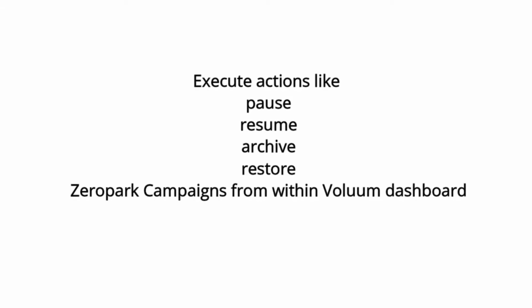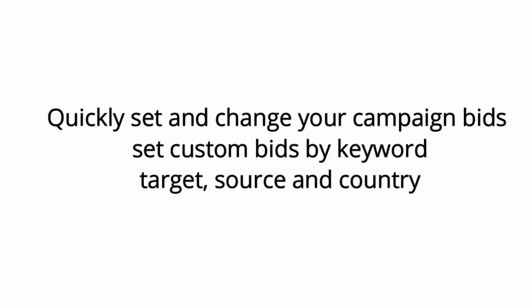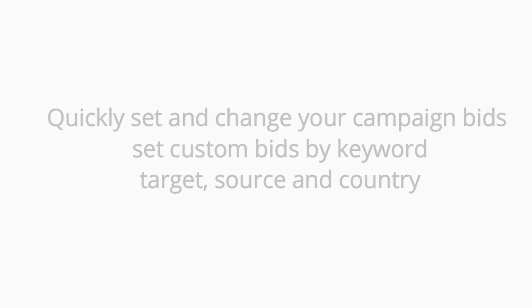So what do you get with the integration? Once the process of the integration is finished, you can execute actions like pause, resume, archive, restore campaigns from the Volume dashboard. You can also quickly set and change your campaign bids, set custom bids by keyword, target, source, and country.